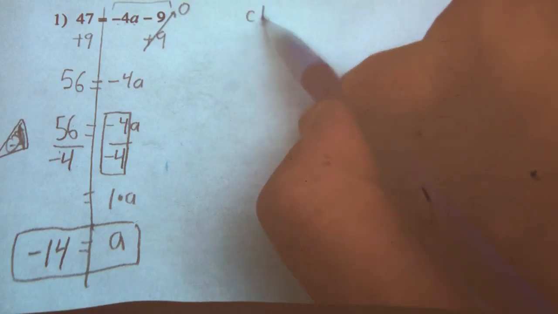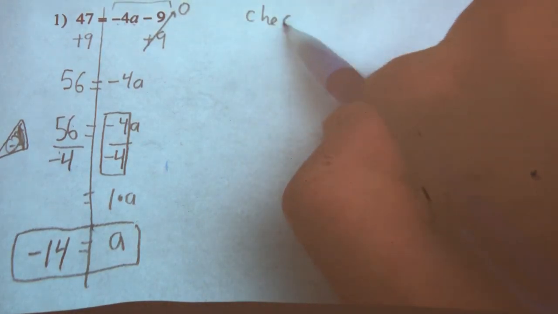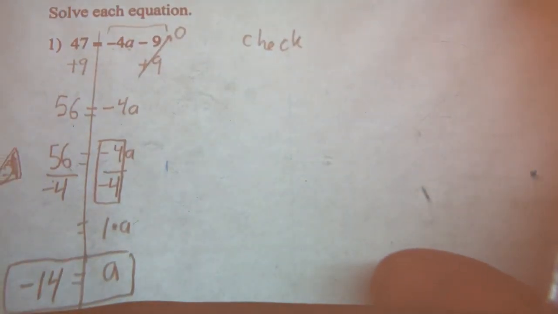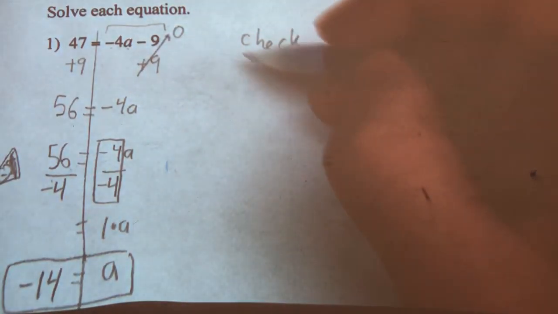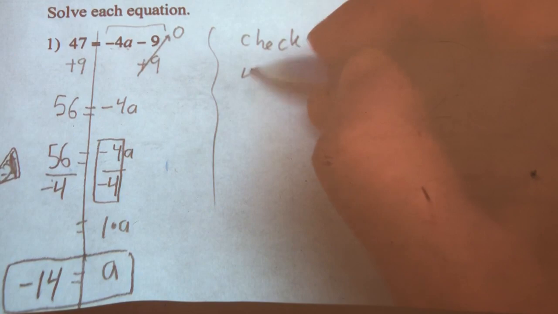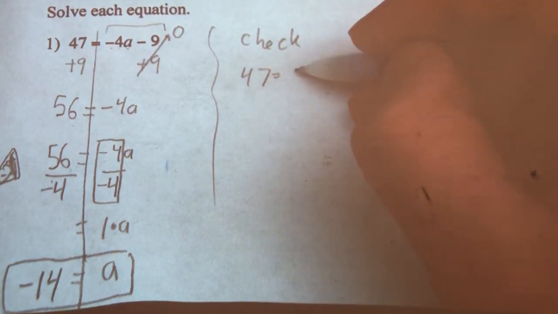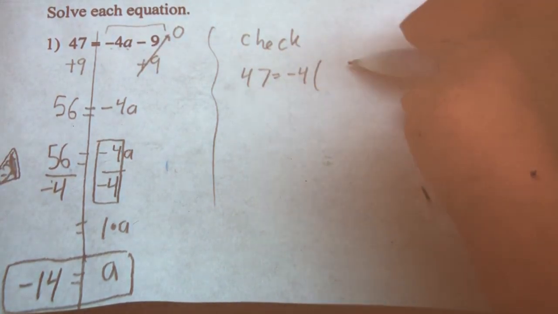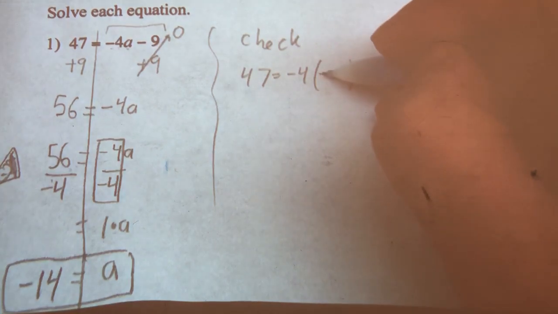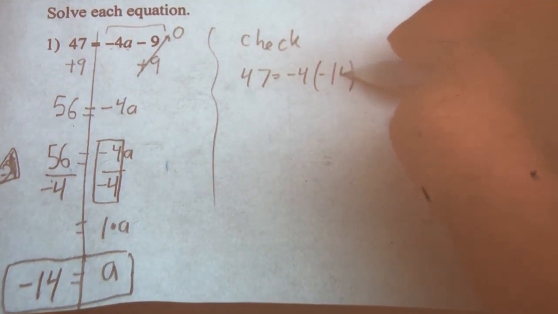I'll show you here. We can check the solution. Oops, move that down a little bit. We can check the solution by substituting that value in. So if we take our equation here, 47 equals -4 times a, but in place of a, we plug in the value of a, which is -14.